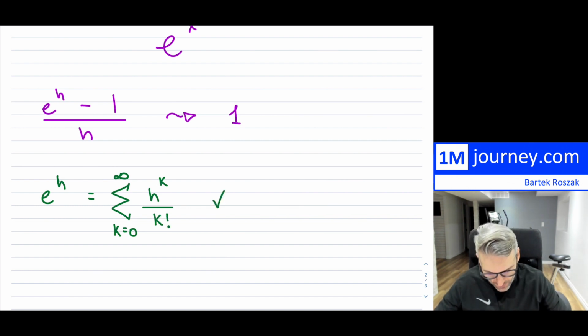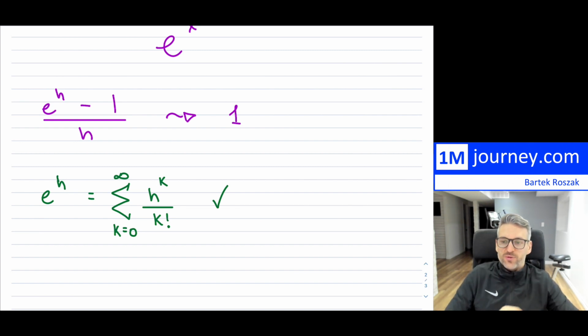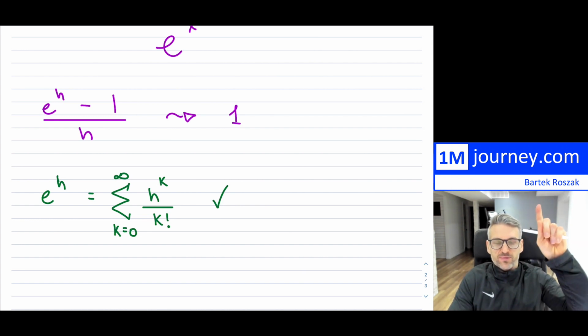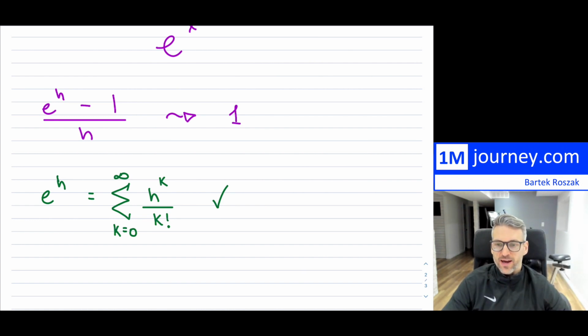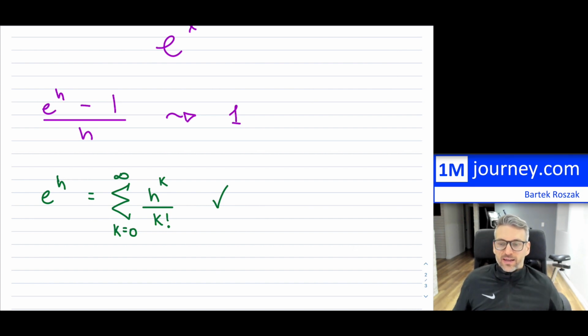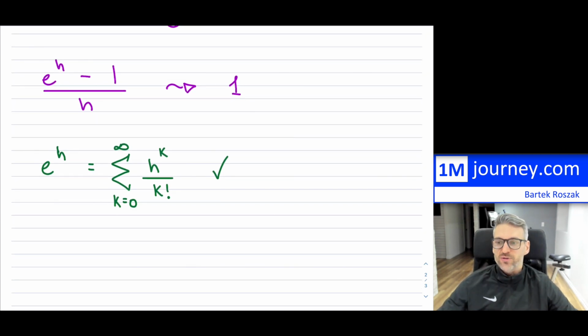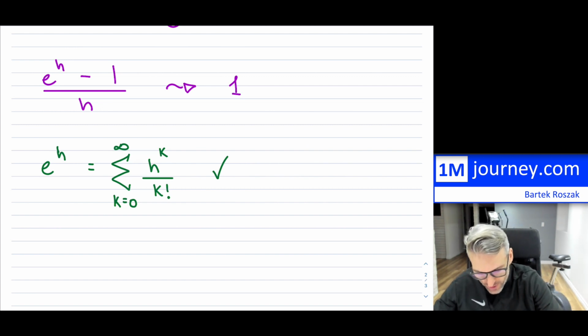Now, if you've never run into this before, you can represent an exponential function as a sum of power functions. I've done a video on that, and you can see that video up above there, if you like. And in that video, I go over and show you visually how the two actually are identical.